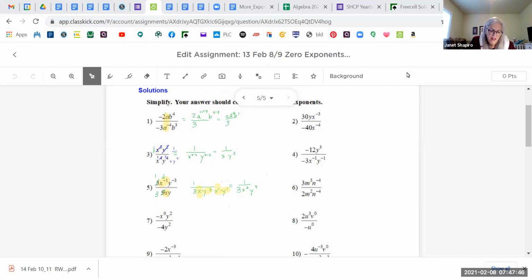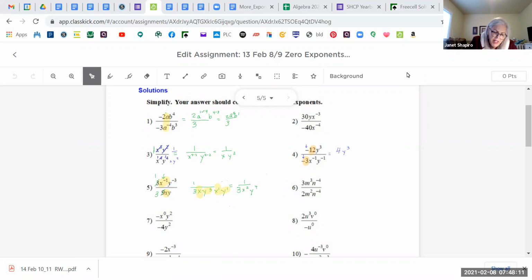All right, let's look at number 4 here. I can do negative divided by negative is positive, and 12 divided by 3 is 4. So I know I have a 4. If I write everything with positive exponents, I would have y to the third.